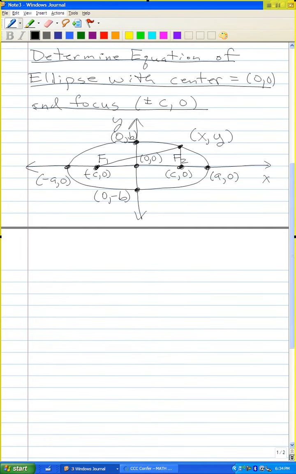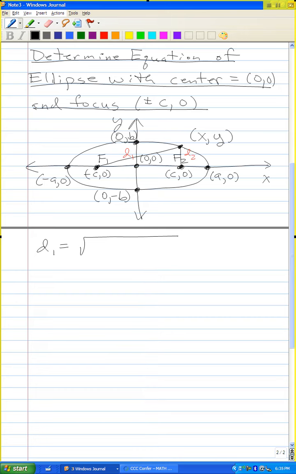Now, let's look at each of these distances. So maybe I'll call this first distance D1, and this distance D2. Okay? And so D1 is going to equal the square root of, well, let's see.